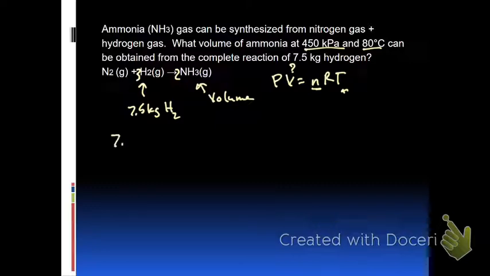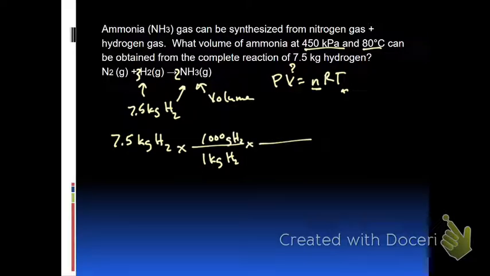So I'm starting with 7.5 kilograms of hydrogen gas, and I'm going to go ahead and figure out the number of moles of ammonia. Okay, so for every 1 kilogram, there's 1,000 grams. And then now we're going to convert to moles, right? So 2.02 grams of H2 equals 1 mole of H2.